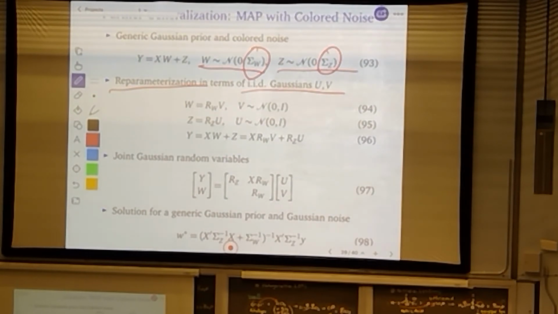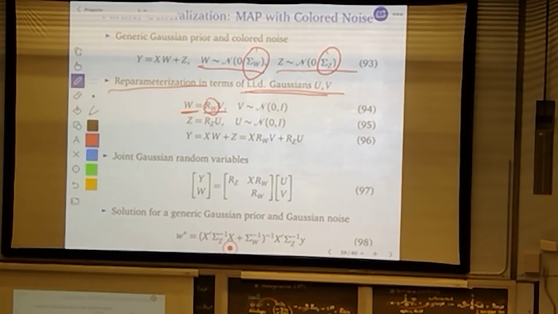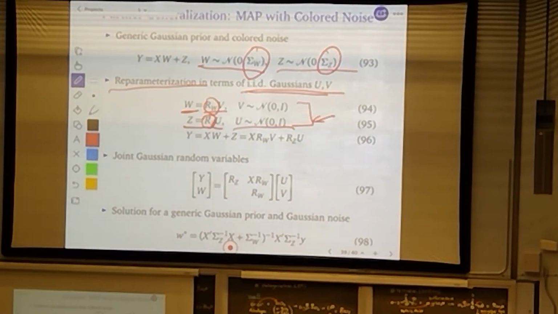Anything that's colored, you introduce IID Gaussian. For W, you represent it with some matrix, RW times V. For the Gaussian noise, you have another, RZ times U. These two sets are independent of each other, okay? They don't talk to each other. This is the noise space, measurement noise. This is in the prior space.